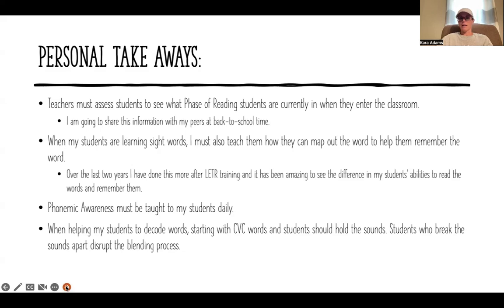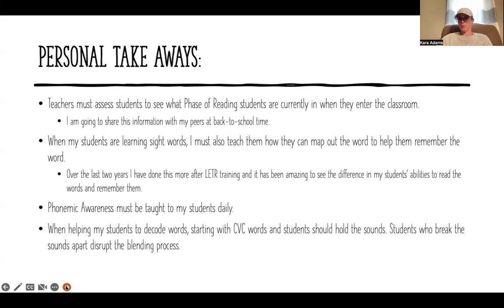Again, I kind of already talked about this, but when my students are learning the sight words, helping them map it out instead of just standing in front of them with a flashcard. The letters training helped me become way more aware of this, and then this article helped me understand it a little bit better too.